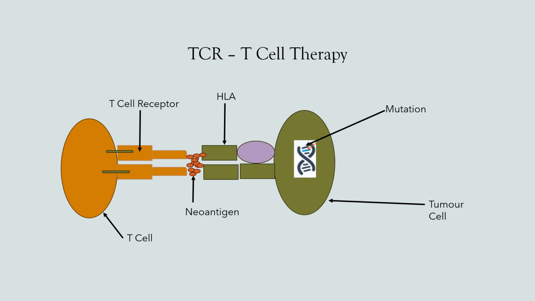And then the BCMA, this is the B cell maturation antigen that's present on mutated cells that can be targeted. So CAR T has a different approach. It targets specific surface molecules, whereas TCR T cell receptors target antigens that have gone through the major histocompatibility class 1 route.